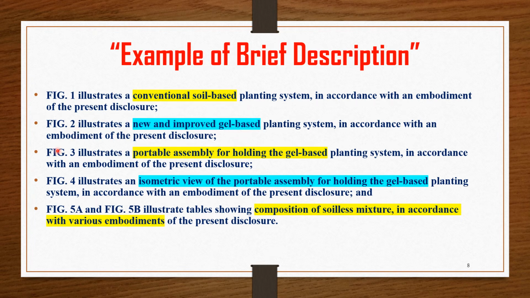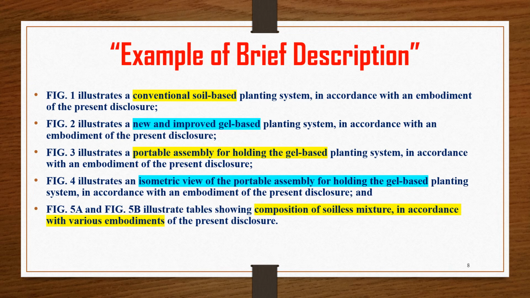Okay, see, figure 2 illustrates a new and improved gel-based planting system in accordance with an embodiment of the present disclosure. Fine. Figure 3 illustrates a portable assembly for holding the gel-based planting system in accordance with an embodiment of the present disclosure. Fine. The next point. Figure 4 illustrates an isometric view of the portable assembly for holding the gel-based planting system in accordance with an embodiment of the present disclosure.